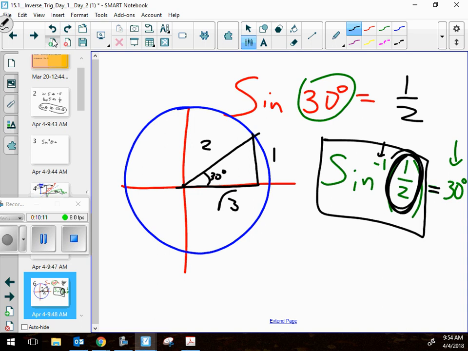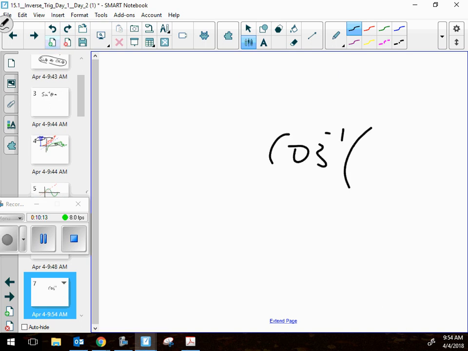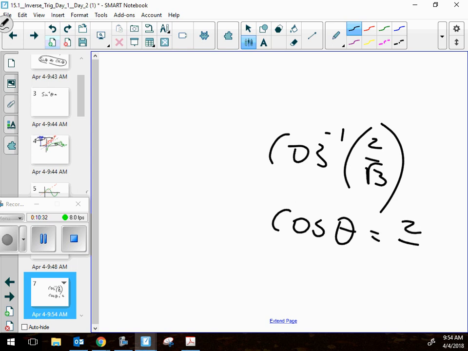So if I see this, I think of it as, tell me what the angle is. I know the side ratio is 2 over root 3, but tell me what the angle is. So right away, I take problems like this and I rewrite them as cosine of some mystery angle, I don't know, is equal to 2 over root 3. And then I figure out what angle must it be to make it work out.